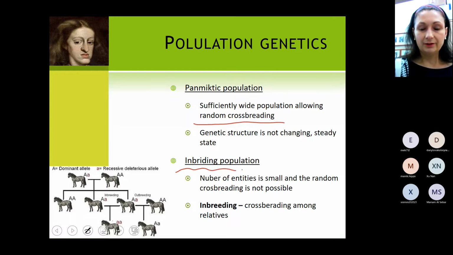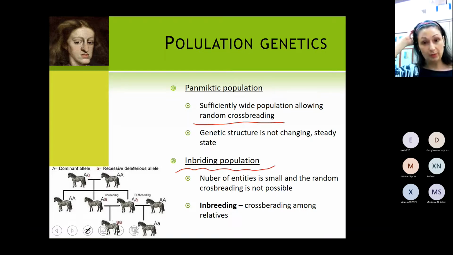On the other hand, there is the inbreeding population. An inbreeding population is characterized by a low number of entities, low number of animals, humans, monkeys, elephants, which cannot provide random crossbreeding.